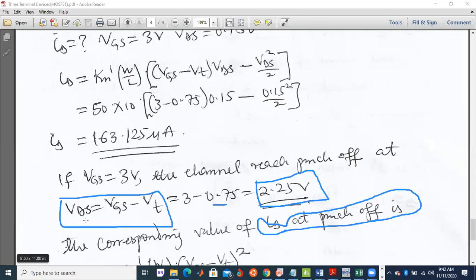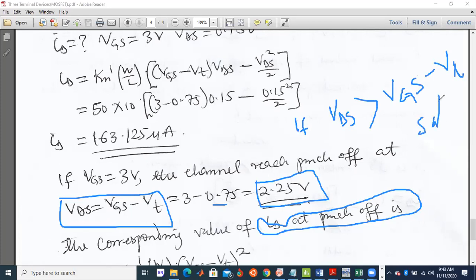Now, looking at this, the corresponding value of ID at pinch off. This is at pinch off. VDS is what? 2.25, right? Is VGS minus VT greater than VDS or VDS greater than VGS minus VT? Let me write it out so that it will be clearer. If VDS is greater than VGS minus V threshold, this one states that it is in saturation region.